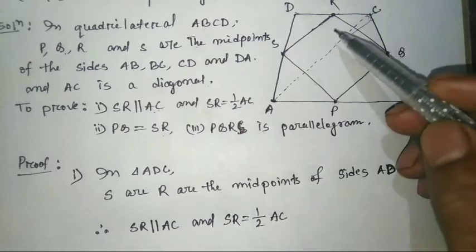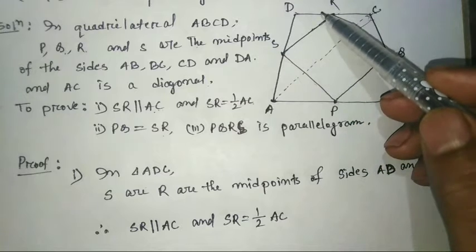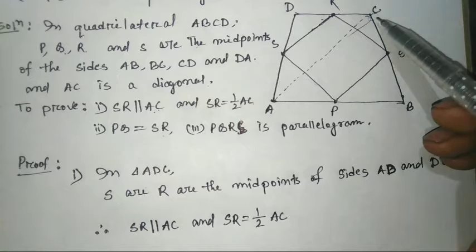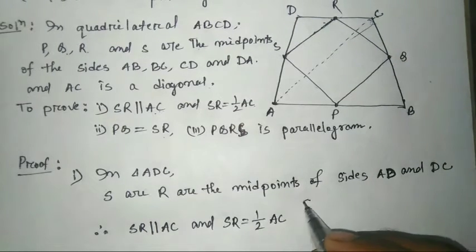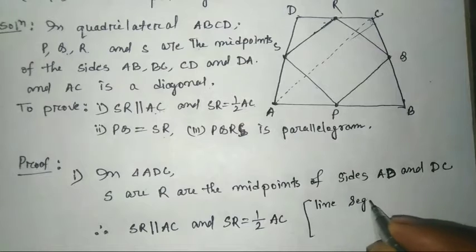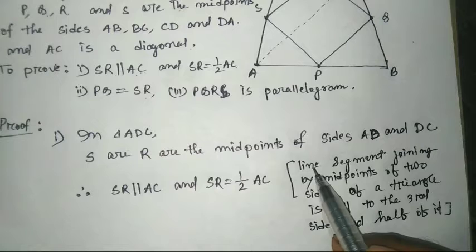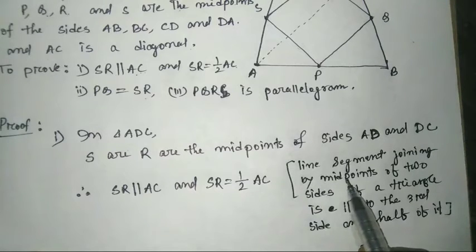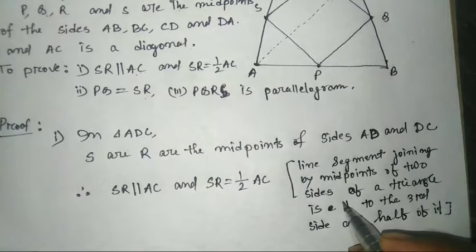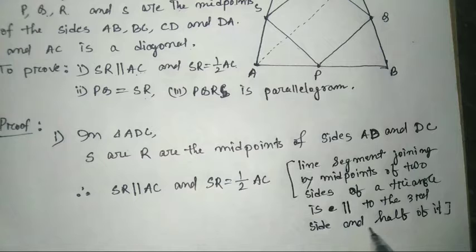Then when the line segment joining the midpoints is parallel to the third side, it is also equal to half of the third side. So here you will write: line segment joining the midpoints of two sides of a triangle is parallel to the third side and half of it.